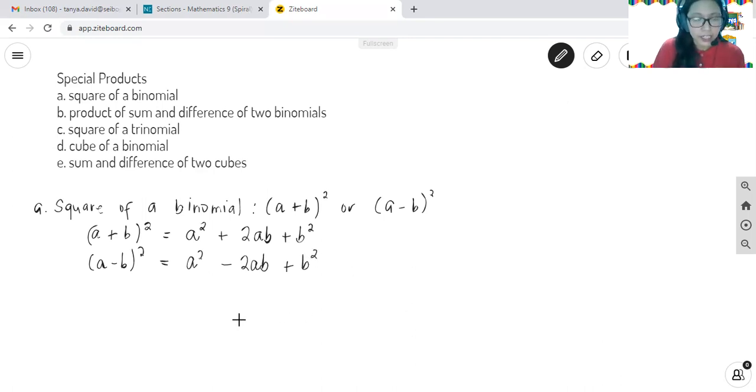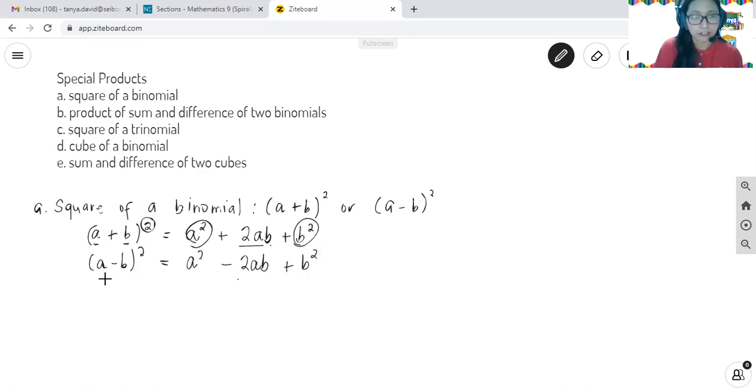So again, in order for you to get the product of the square of a certain binomial, all you have to do is square the first term, square the last term. So these are the square of the first and the last term. For the middle term, just multiply the exponent 2 with the first term and the last term, and then you will get 2ab.